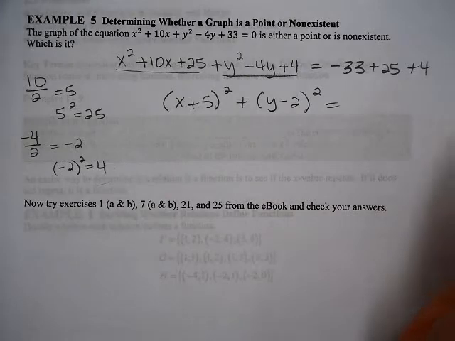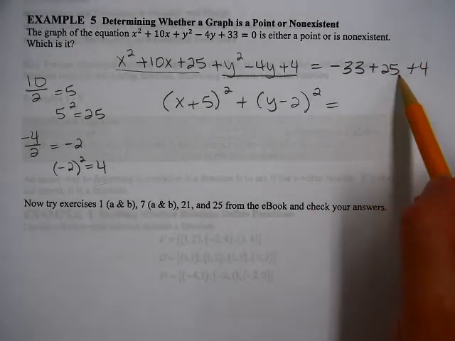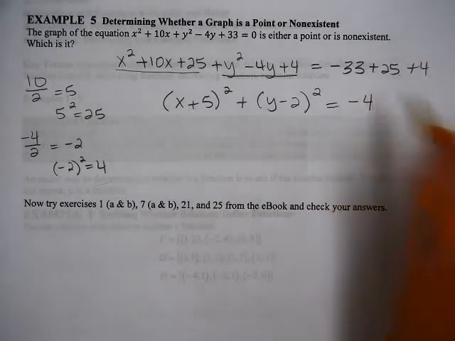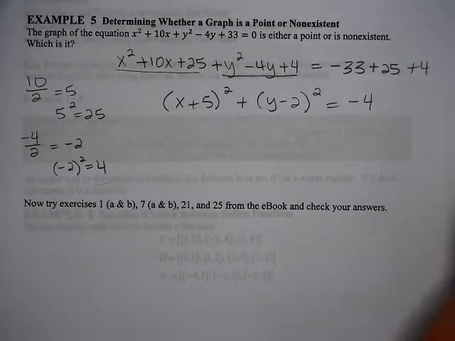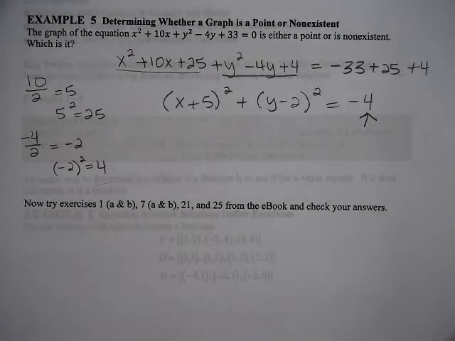Add these numbers together on the right. 25 and 4 is 29. Negative 33 plus 29 is a negative 4. Now, because this number on the right is not positive, then it is not a circle.